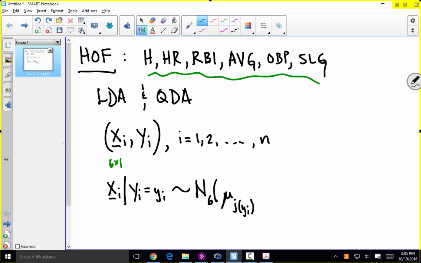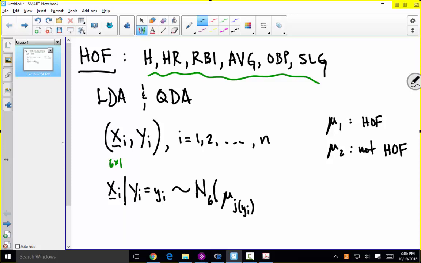The mean vector, a 6 by 1 vector, if you're in the Hall of Fame, is one particular mean. So let's suppose there's mu1 for in the Hall of Fame, and there's mu2 for not Hall of Fame.